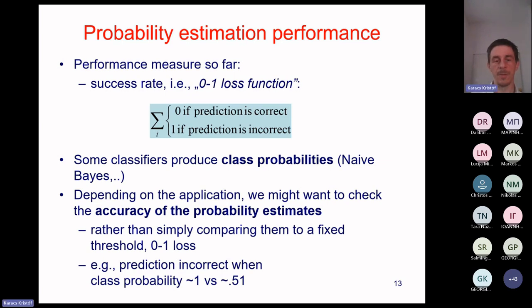Of course, you have to pay attention to differentiate between using it for the success rate or the error rate. Here on the slide, we can see the definition for the success rate.